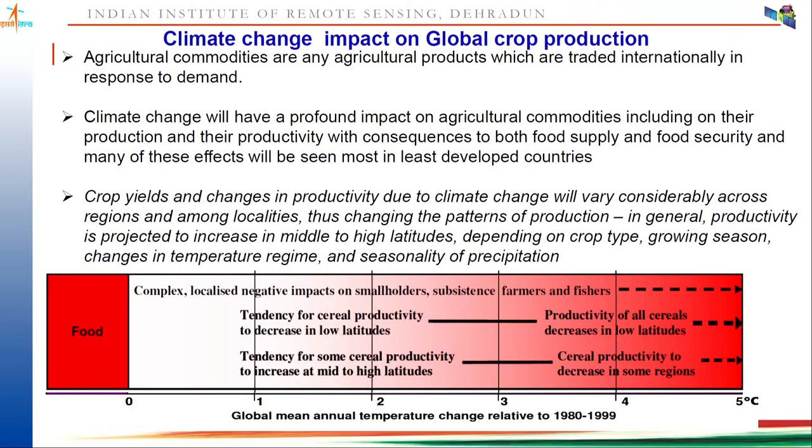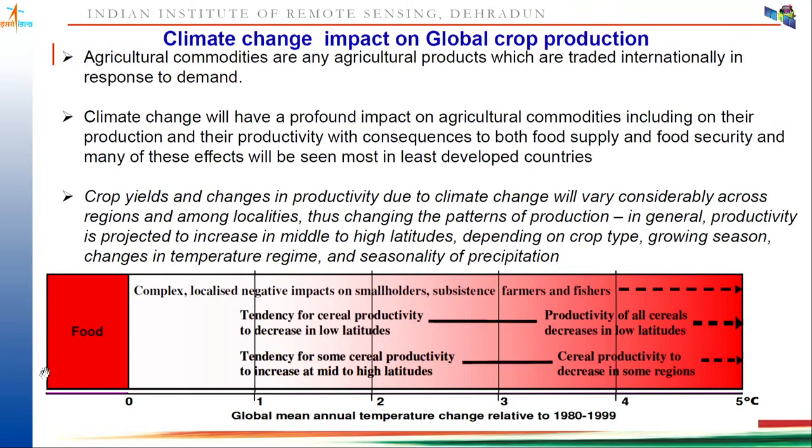And this all depends on the crop type, seasonality, growing season, temperature regime, and monsoonal rainfall. So it depends. It is not that every part of India or every part of the globe will experience the same degree of effect. It depends on the kind of crop grown, the growing season, and the kind of temperature changes or monsoon changes.